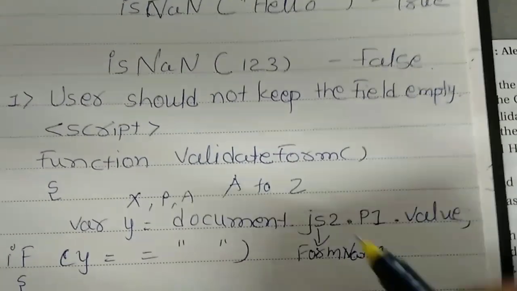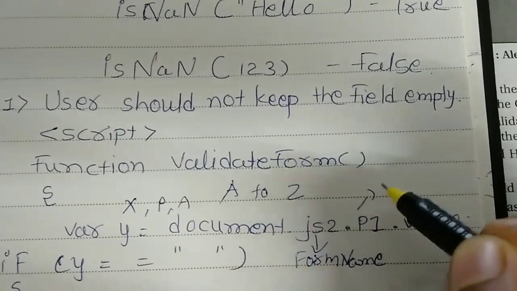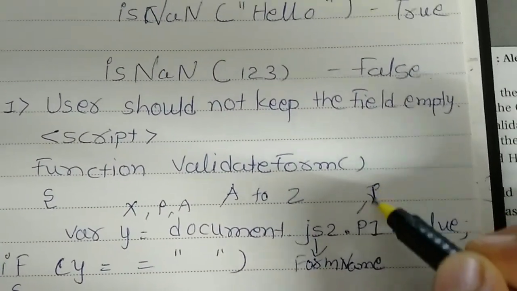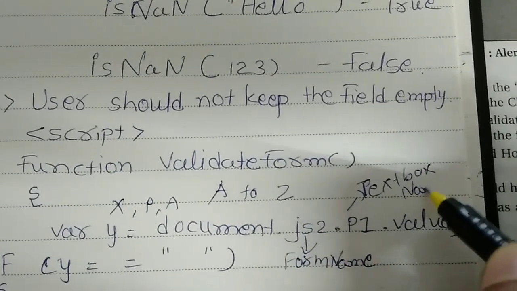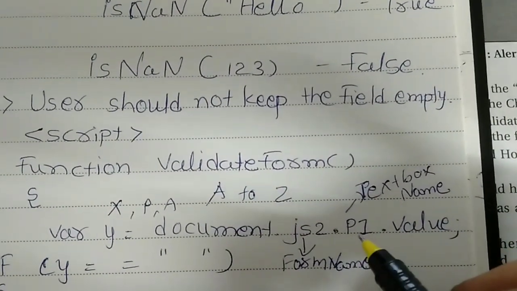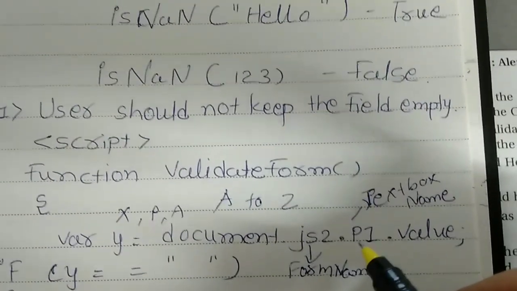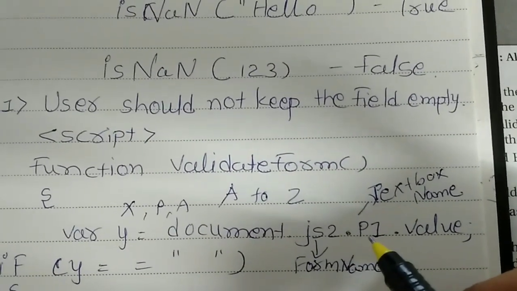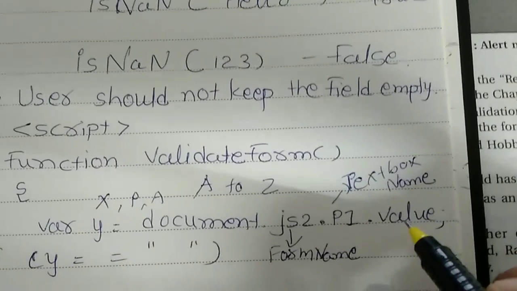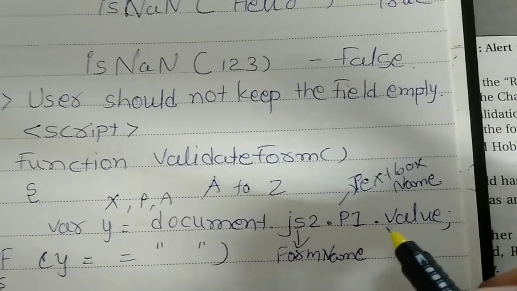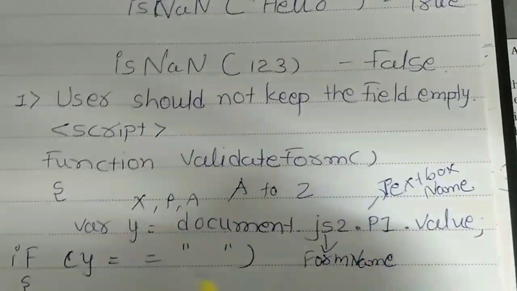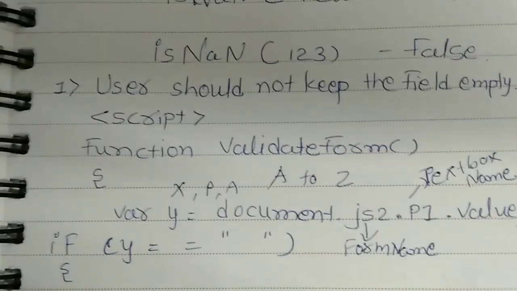Then dot p1. p1 is my pin code text box name. Whatever name you want to write, you can write. I have written p1, where p stands for pin code. Dot value means whatever value the user writes inside the text box, the value is stored in variable y.